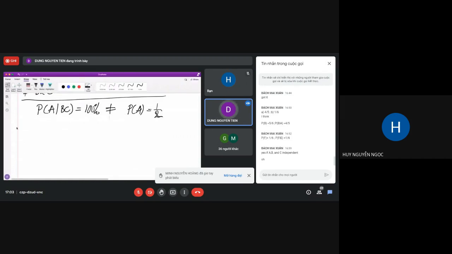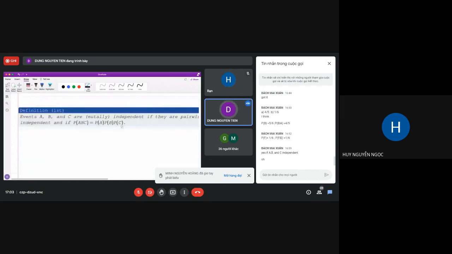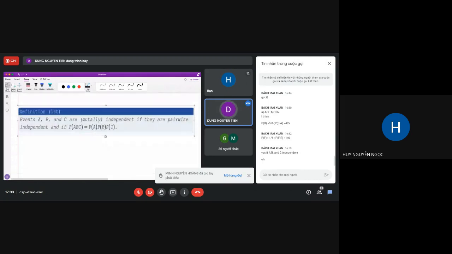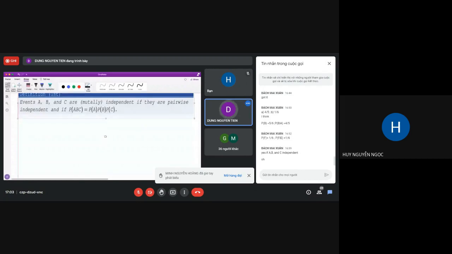We say that the 3 events are mutually independent, or simply independent, if they are pairwise independent and if the probability of A, B, C is equal to the probability of A times the probability of B times the probability of C. If you have this, then they are mutually independent.